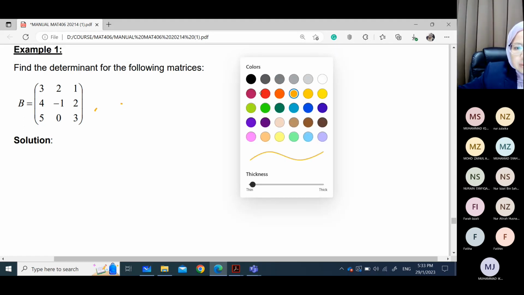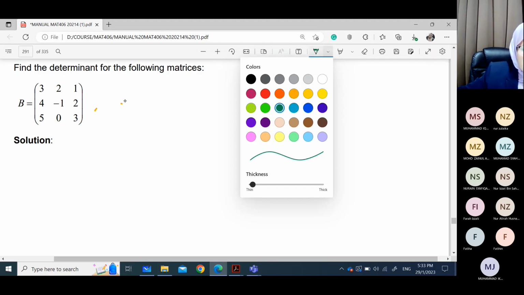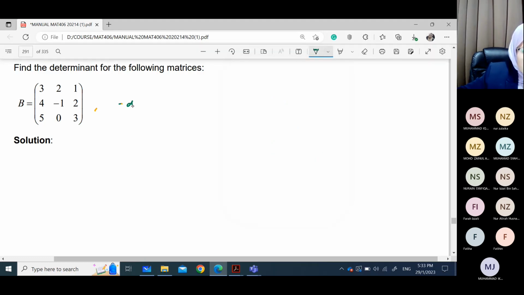Okay, so that B, determinant of B, it is equivalent with this one. Okay, so kita tuliskan balik entry dia 3, 2, 1, 4, negative 1, 2, 5, 0, 3.